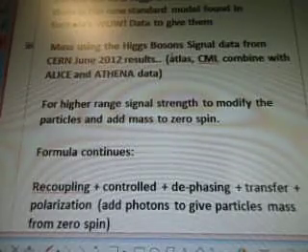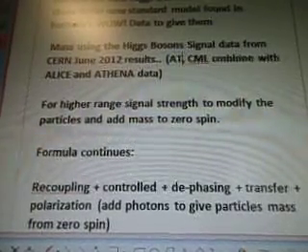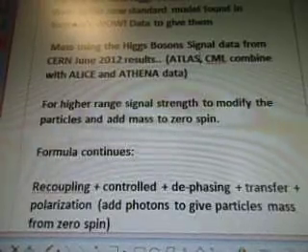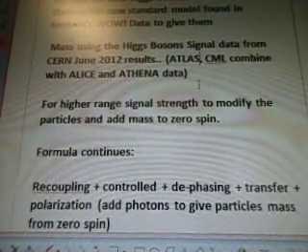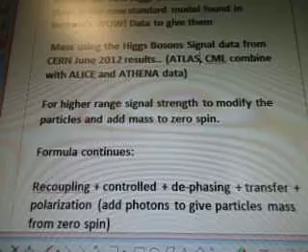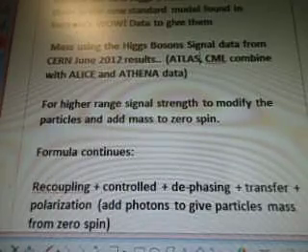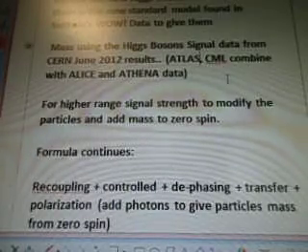Atlas, CMS combined with Alice and Athena data. So there's data there that you need to combine together in regards to adding mass to a Higgs boson signal.